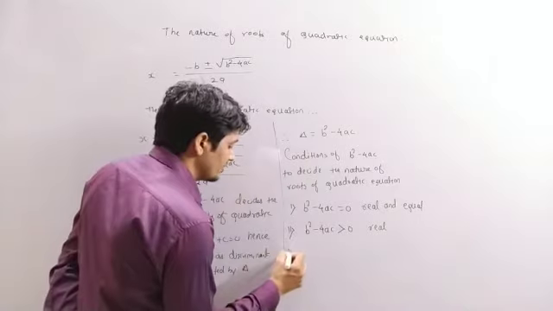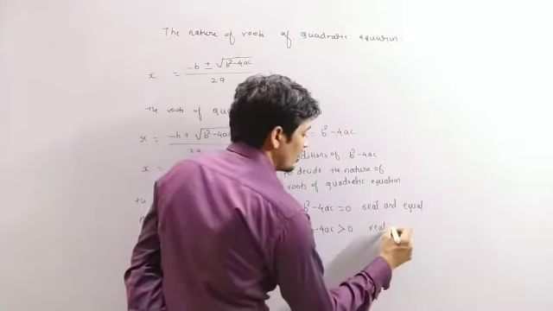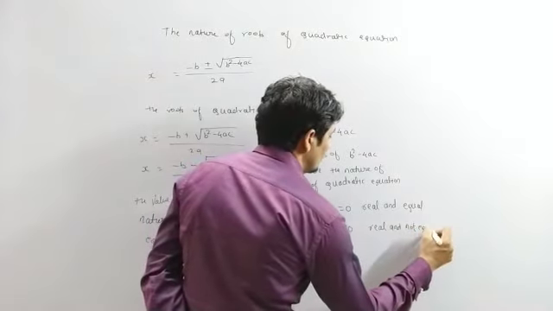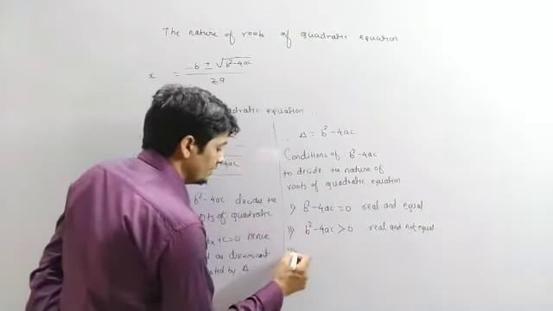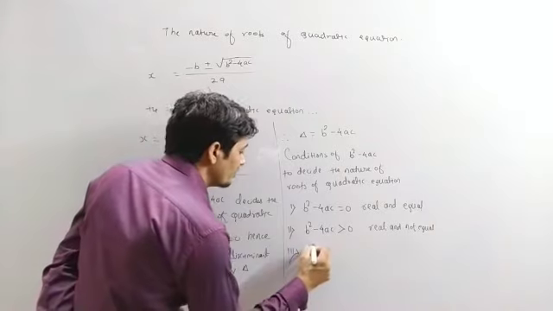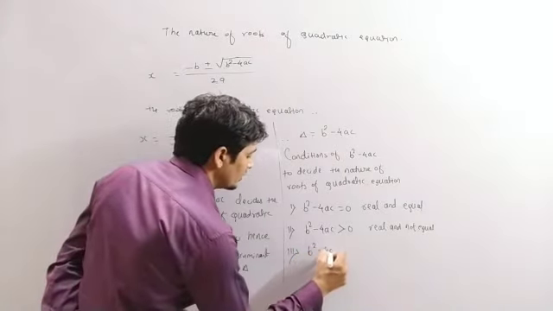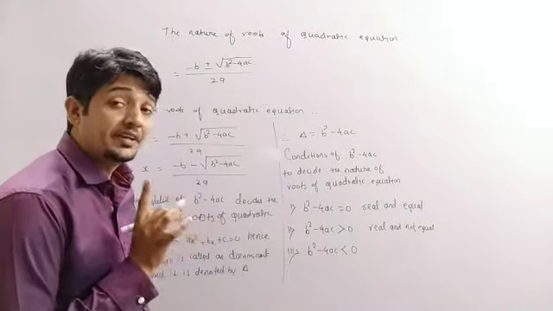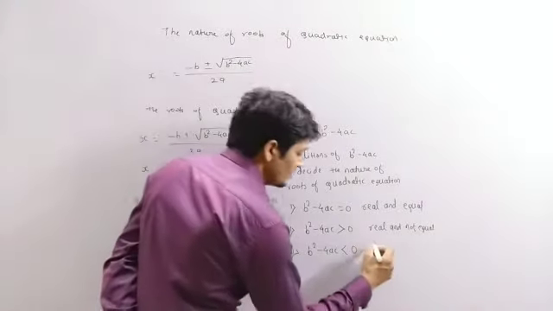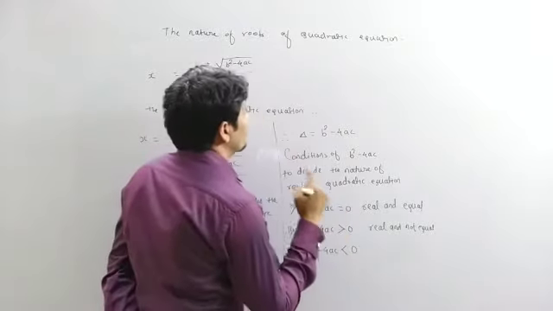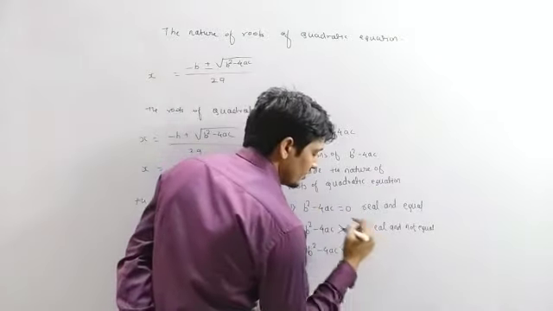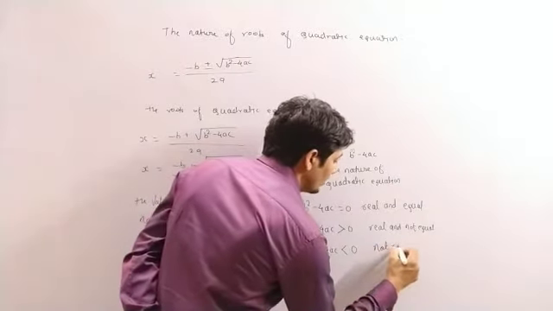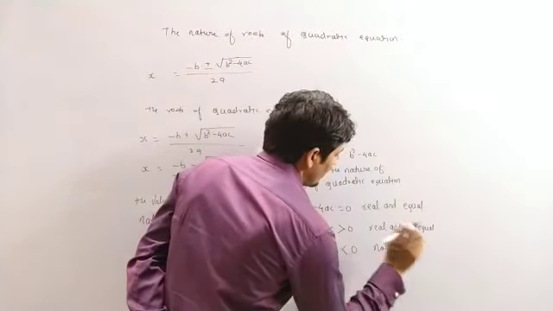Third condition: if the value of the discriminant b square minus 4ac is less than 0, meaning the value is negative, then we will say the nature of the roots of the quadratic equation is not real and not equal.